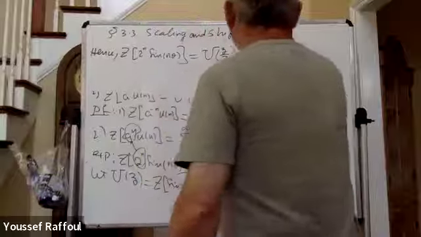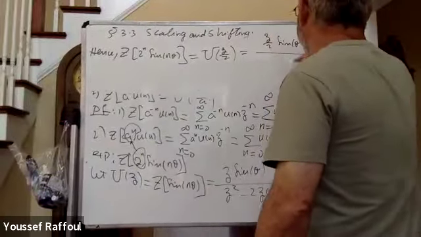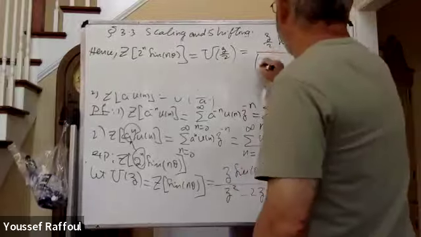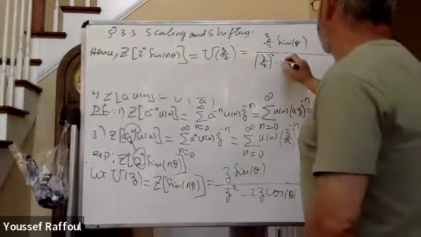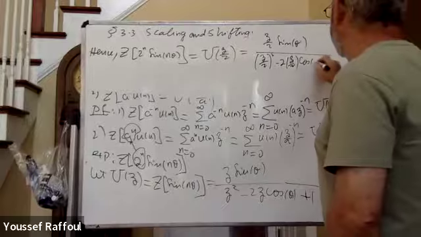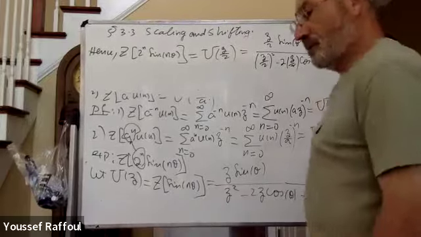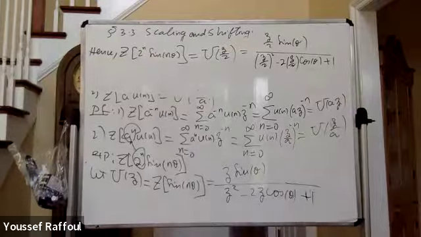So that is (z/2) sine theta over (z/2) squared minus 2(z/2) cosine theta plus 1. Okay? So that's how you do it. Any questions?